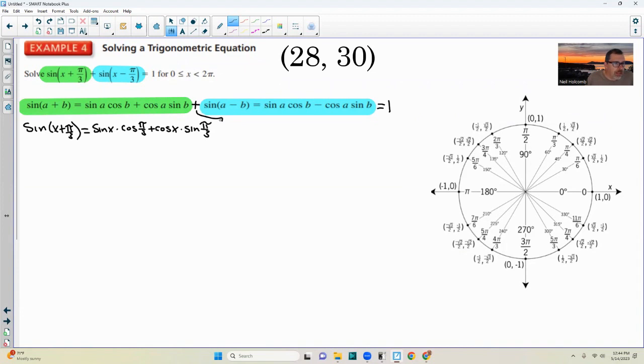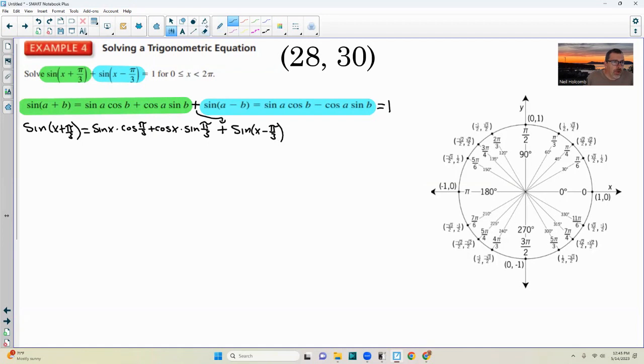And this plus sign is right here. And now we're going to do the sine of a minus b. So this is now going to be, why did I put an x there? It's plus. I have no idea. So that's plus, and I'm going to do the sine of a minus b, which is x minus pi over 3.